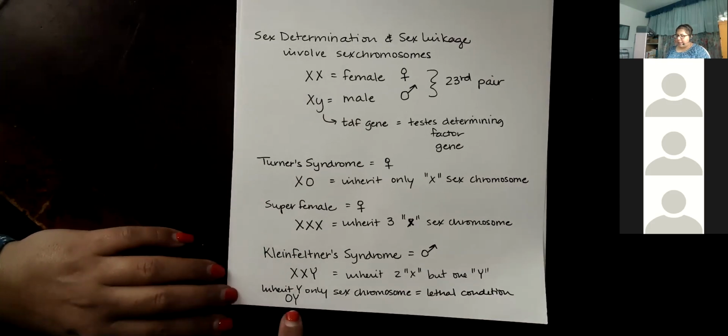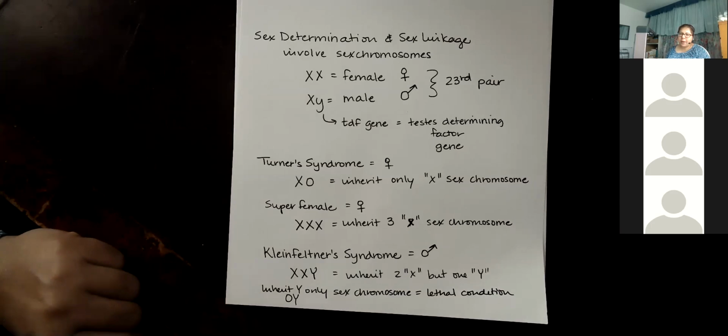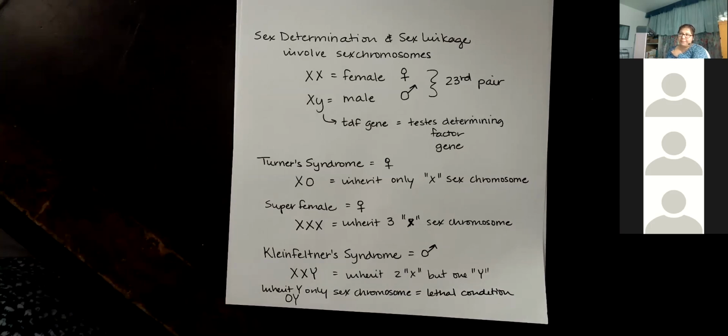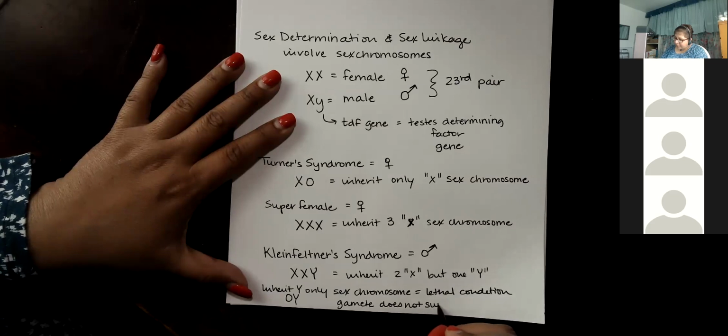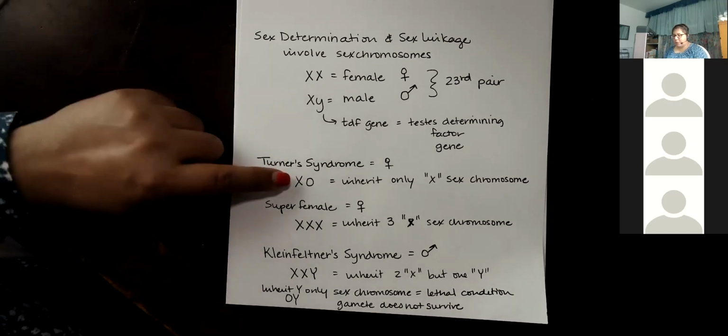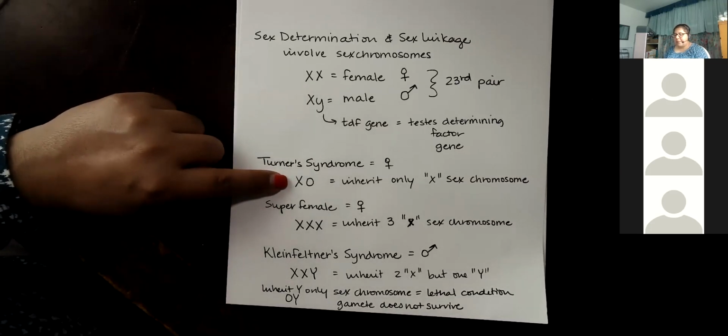In other words, a gamete that inherits only the Y chromosome does not survive. And so this suggests that the X sex chromosome does contain some information that's necessary for life.